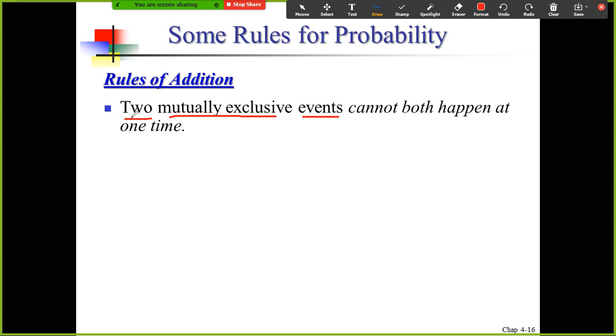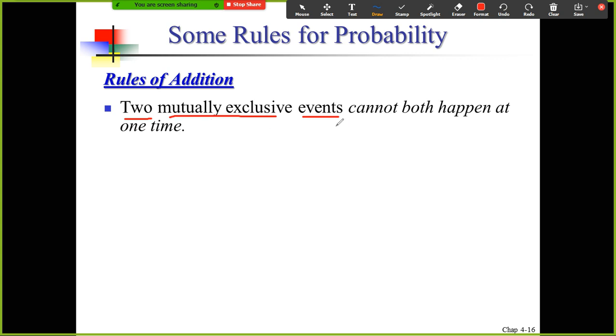So what does it mean, two mutually exclusive events? Two mutually exclusive events refer to any two events that cannot happen at the same time.